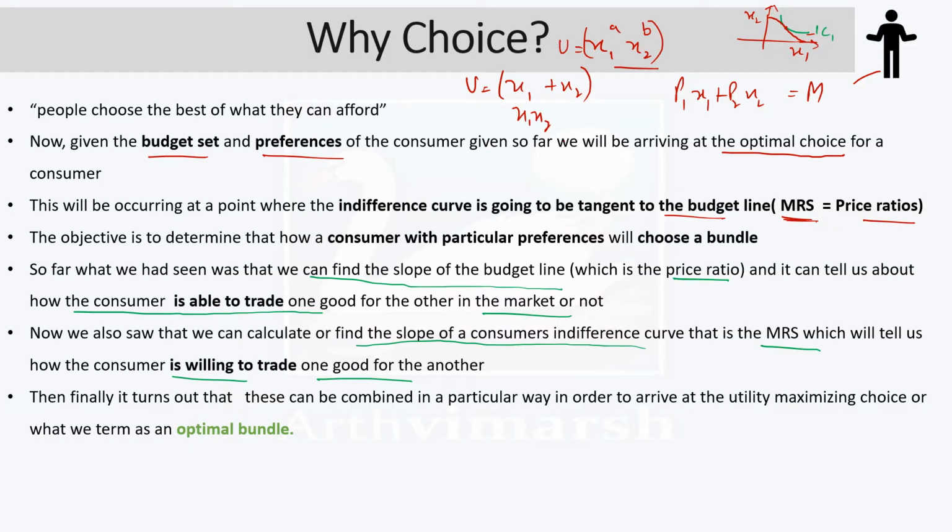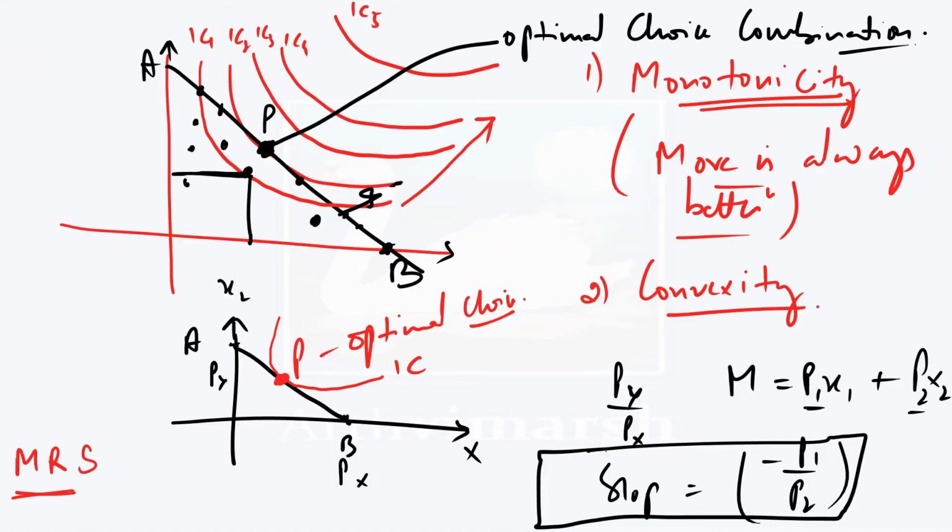And finally, when we combine these two concepts, we arrive at what we are terming here as the optimal bundle. Now if you observe here, we have the budget line AB given, and we have a different set of indifference curves, IC1, IC2, IC3, IC4, IC5, right?